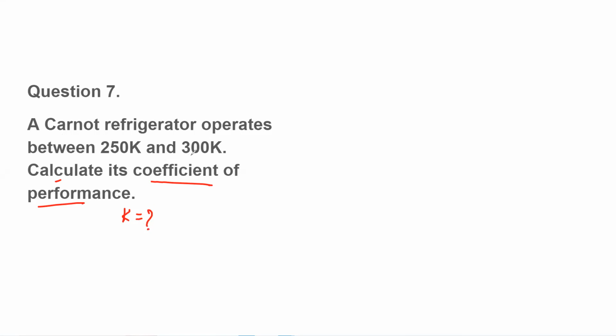Then here two different temperatures are given. So let's write data. Tc is equal to 250 Kelvin and Th is equal to 300 Kelvin.